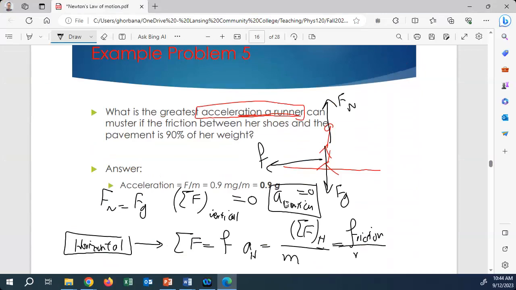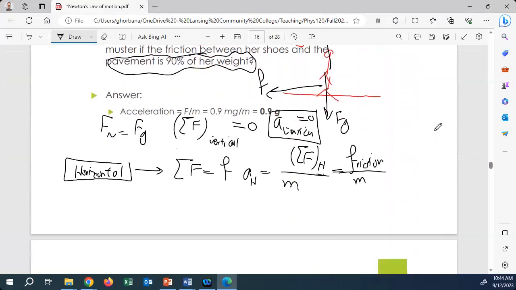Friction divided by mass. What is the question telling us? The friction is 90% of the person's weight. So this friction is 90% of weight divided by mass.